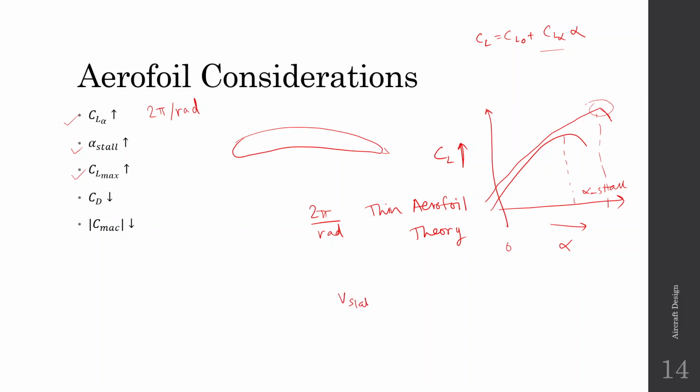You know that V stall is... so if your CL max is higher, your V stall is low. But one thing sir has discussed is that if your V stall is very low, then your aircraft might get affected by environmental wind, or gusts of air.